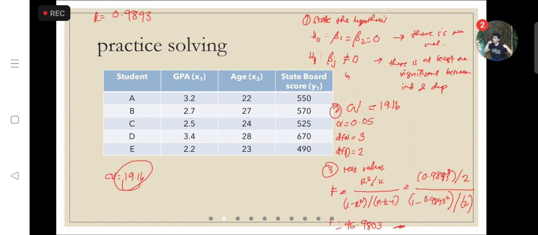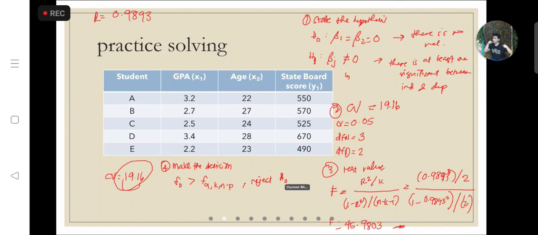So we can now make the decision. Making the decision is, again, if our test value is greater than our critical value, we will reject the null hypothesis.